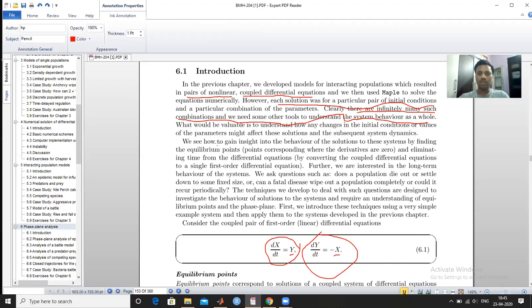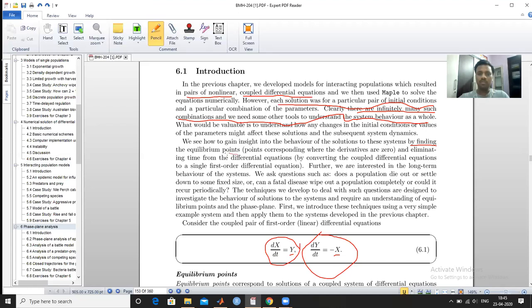Initial conditions or values of the parameters might affect this solution and subsequent system dynamics. So to find out the analysis or model behavior, first of all, we have to find the equilibrium points. By finding the equilibrium points, and you know what the equilibrium points are?